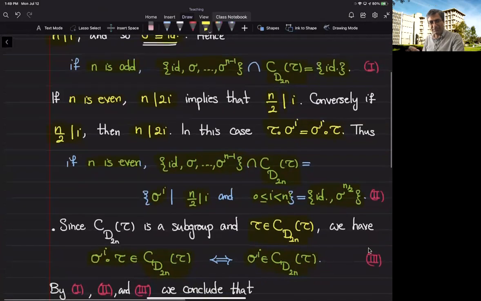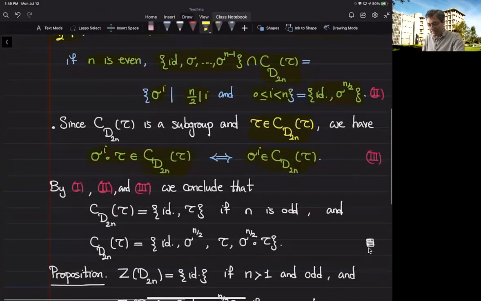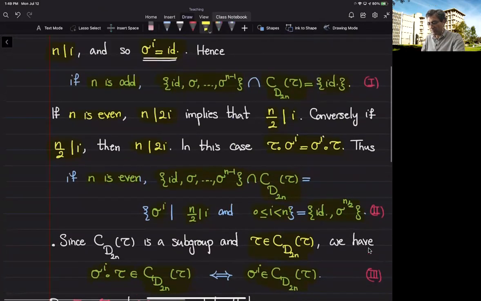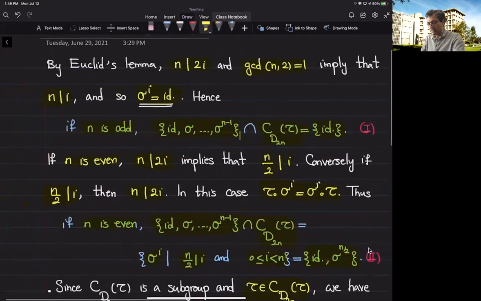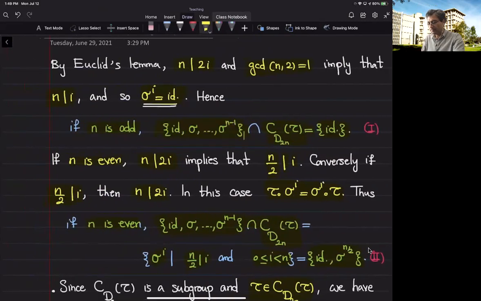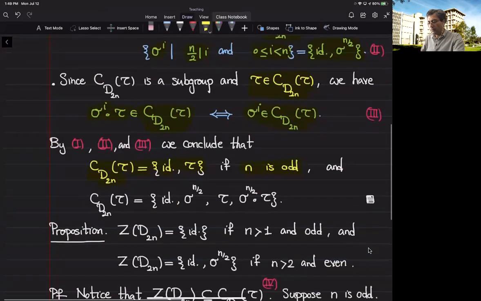So now all these three together imply that when n is odd, the centralizer has only two elements, identity coming from the intersection by this, and then I can multiply it by tau. Or when n is even, then I have four elements.